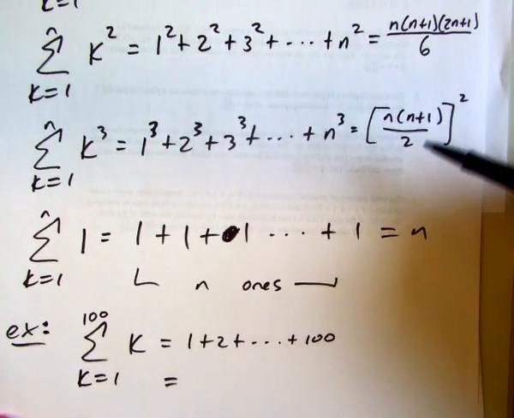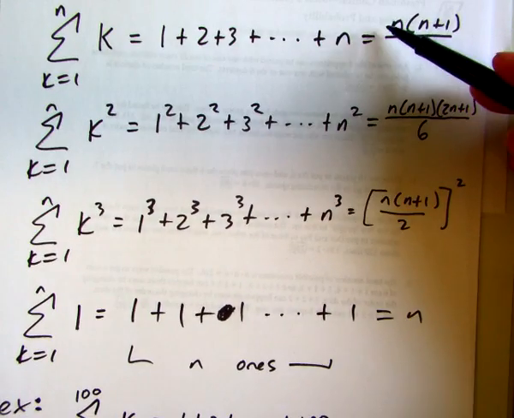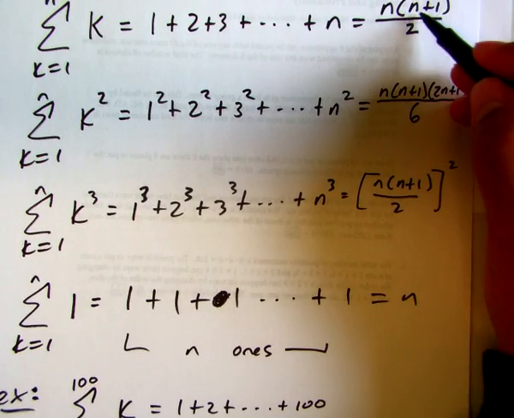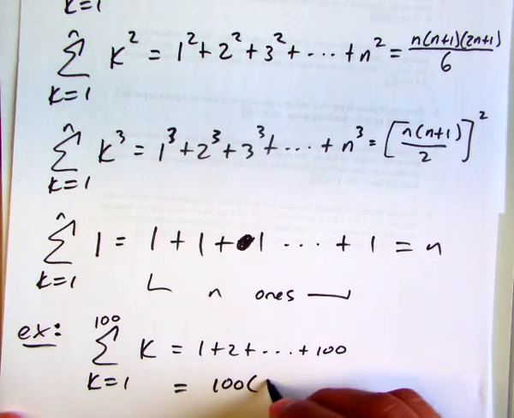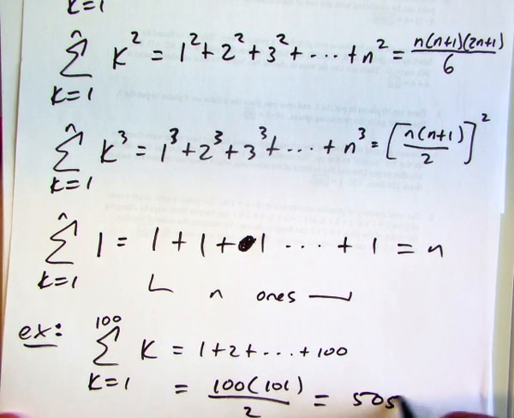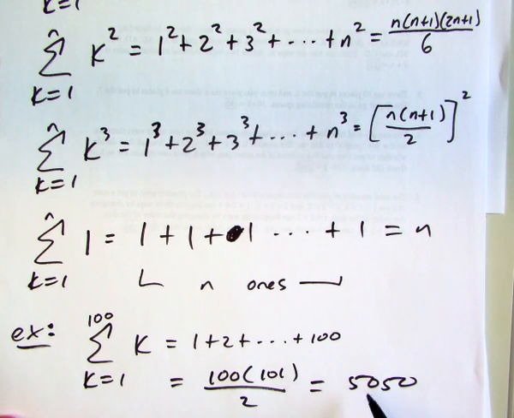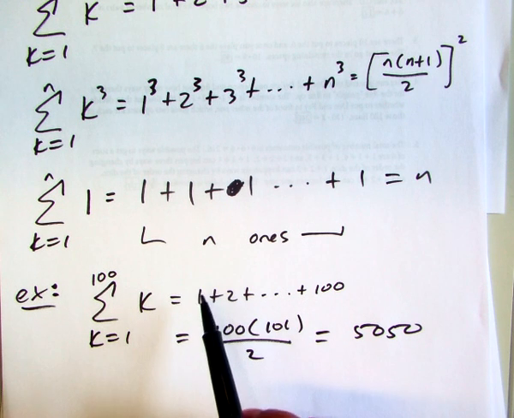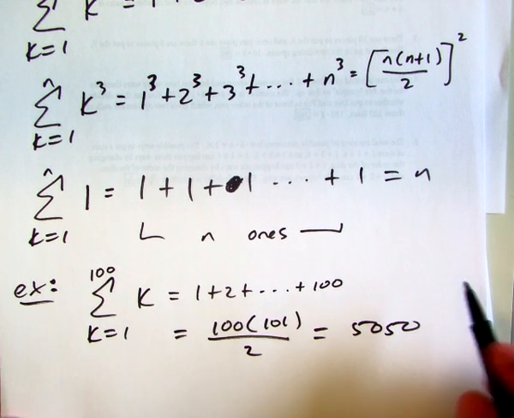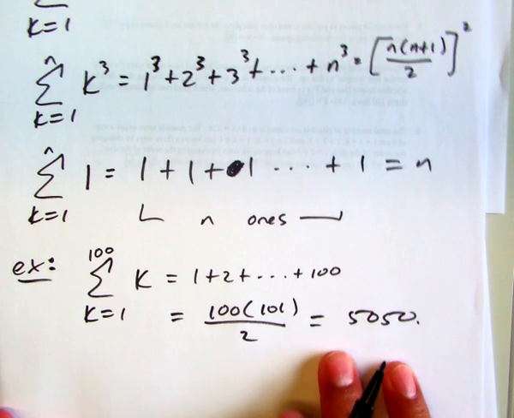According to the shortcut, you could just take n, which is 100, and then take n plus 1, which is 101, divided by 2, and there's your answer. You get 5050. If you want to add all the numbers on your calculator, be my guest. Answer is 5050.